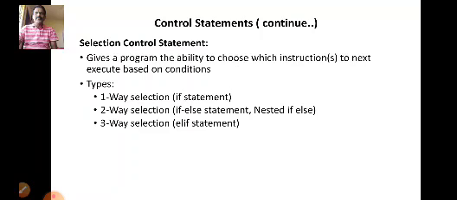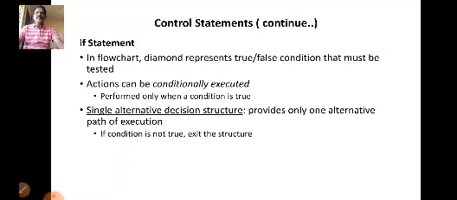Here the first one is the if statement. In a flowchart, diamonds represent the true or false condition that must be tested.